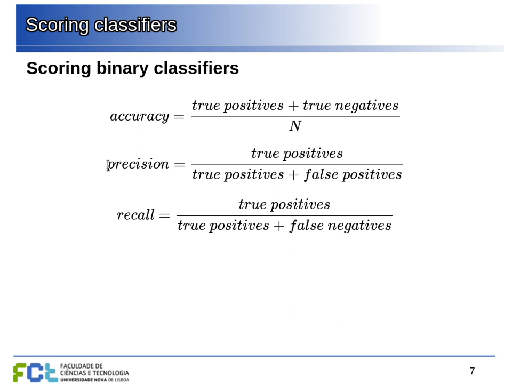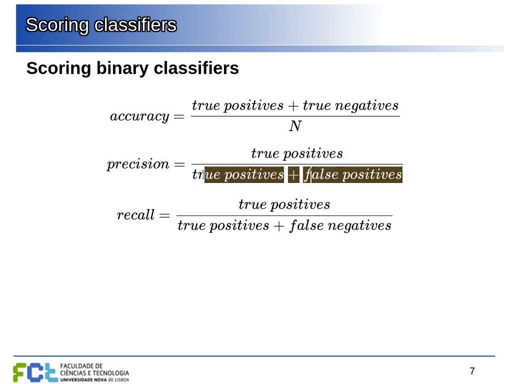Precision gives us a measure of how trustworthy are the predictions of our hypothesis when the hypothesis tells us it found a positive example. So this is the number of true positives divided by the number of examples our hypothesis is telling us are positive.